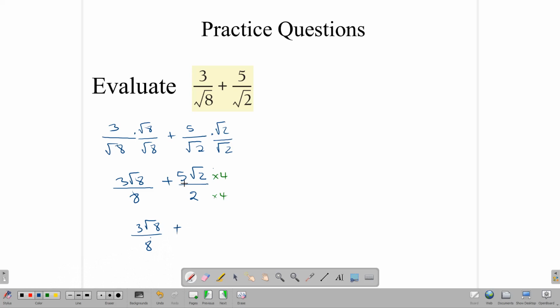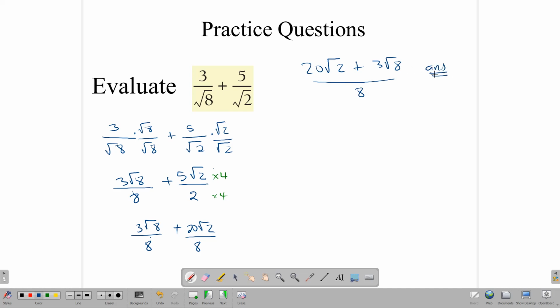Plus 4 times 5 is 20, 20 root 2 over 8. And now that they have the same denominator, we can go ahead and add the numerators, which would be 20 root 2 plus 3 root 8 over 8. And that would be your answer there.